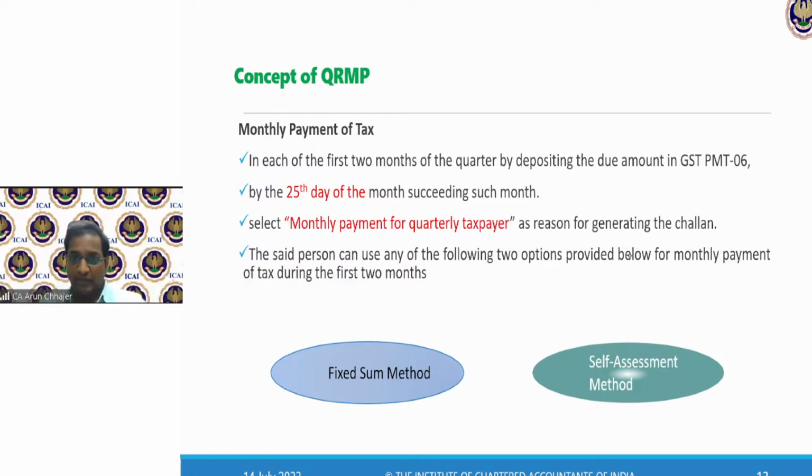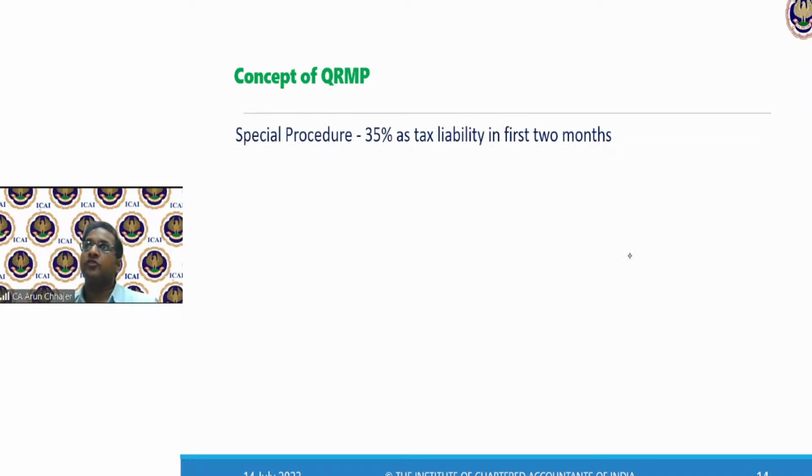My second point: the fixed sum method is also called the 35% method. What is the 35%? 35% is the liability of the first 2 months. Why is it named 35%? We will discuss.